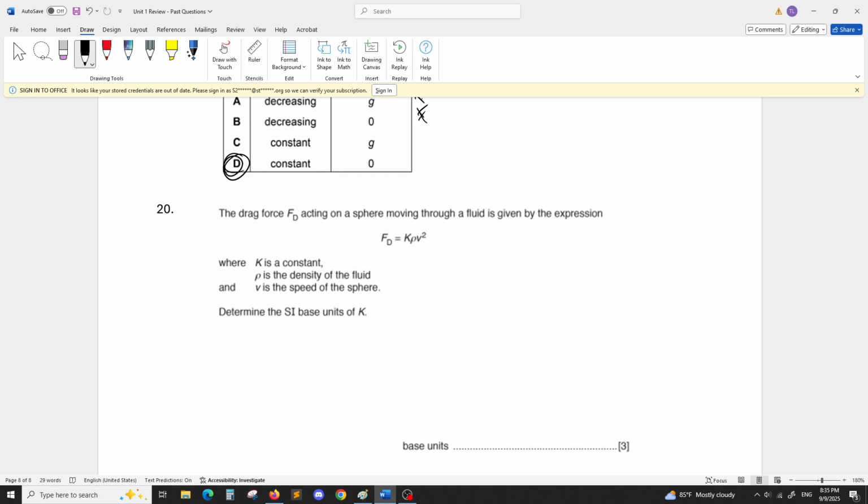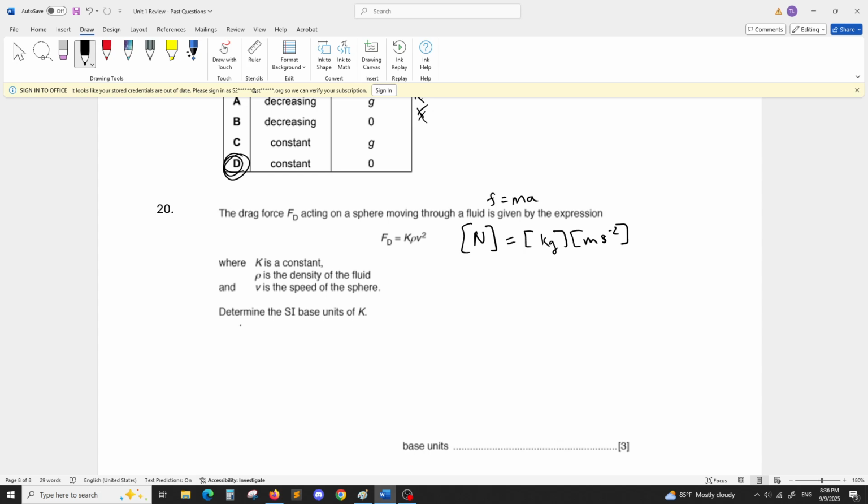Force is a derived unit, which is just going to be newtons, and then you use the equation F equals ma, force equals mass times acceleration. So force is newtons, mass is kilograms, and acceleration is meters per second squared, m s^-2.